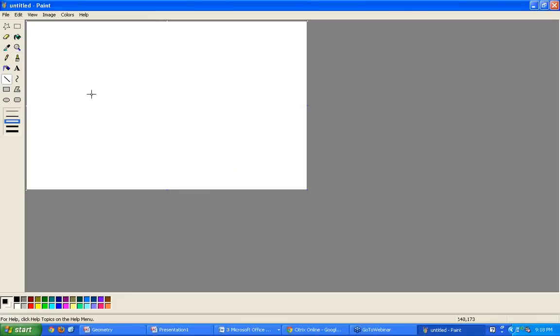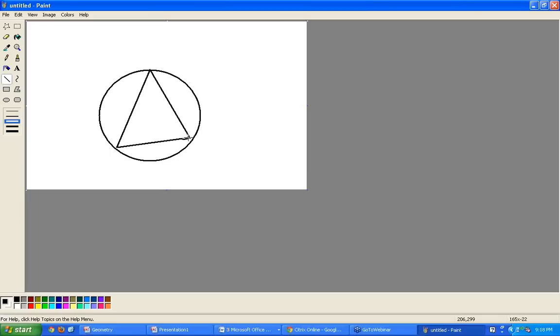So the first one was the incircle. This is a circumcircle. A circle which touches all the vertices of a triangle is a circumcircle.